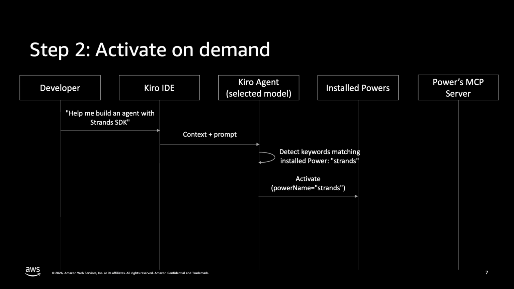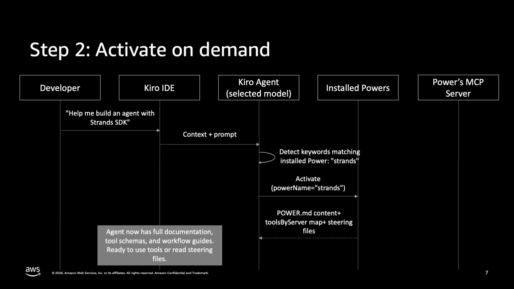So it calls activate on that power, and back comes everything the agent needs: the power.md documentation, full tool schemas, and steering files. At this point, the agent has a complete picture. It understands the tools it has access to and has guidance on tasks. All of that loaded just in time because you mentioned the right keyword, not because it was sitting in context from the start.